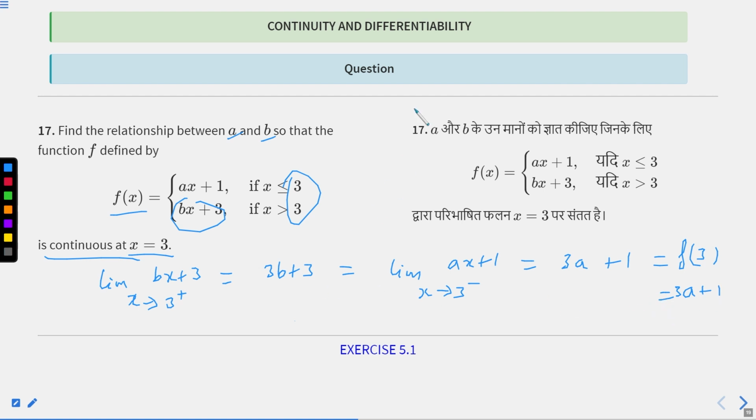Clear? Now this means 3b plus 3 must be the same as 3a plus 1. This means 3a minus 3b is the same as this thing, as you can see.